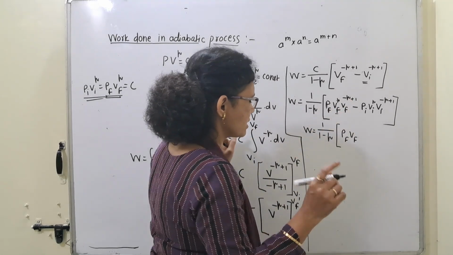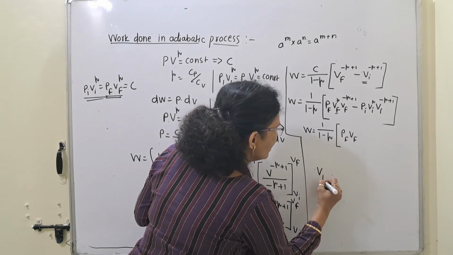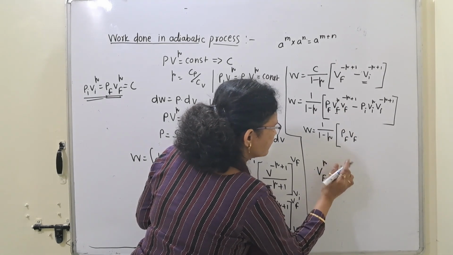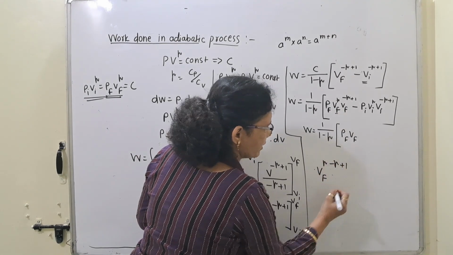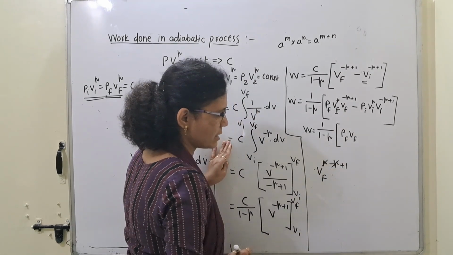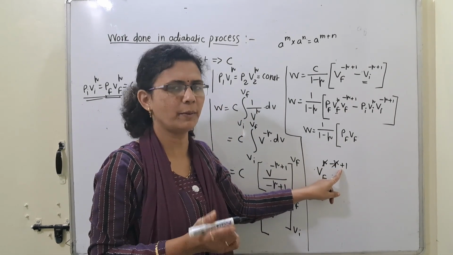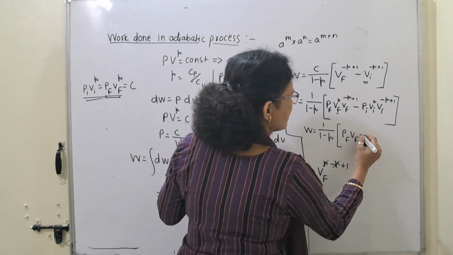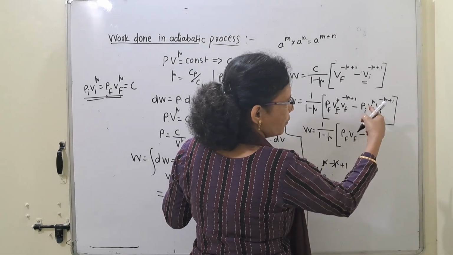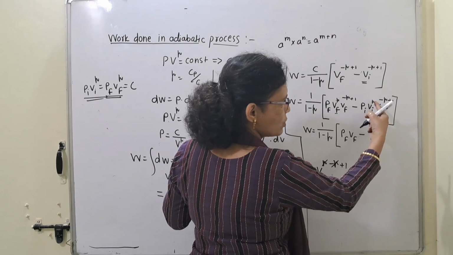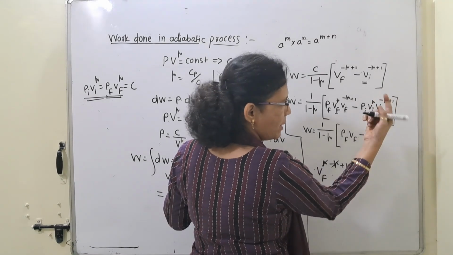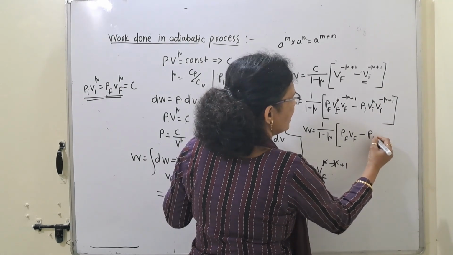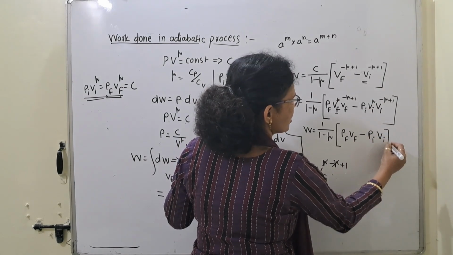Because I will do here V raised to f, plus gamma minus gamma plus 1, this gamma will cancel, only the remaining term will be plus 1, that is Vf raised to 1, simply Vf. Minus, here will be the same thing, Vi raised to gamma, Vi raised to minus gamma, plus gamma minus gamma will get cancelled, and the remaining term will be P initial, V initial.